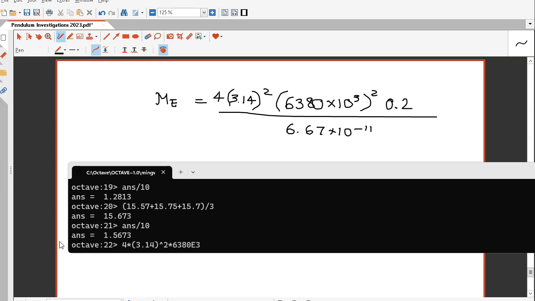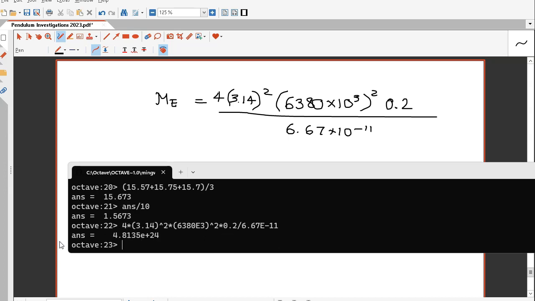And on this type of calculator, you put e, that raises it to the power 3. And we need to square that number. Multiply that by the pendulum length, 0.2, and divide by 6.67 e to the minus 11, and there's our answer.